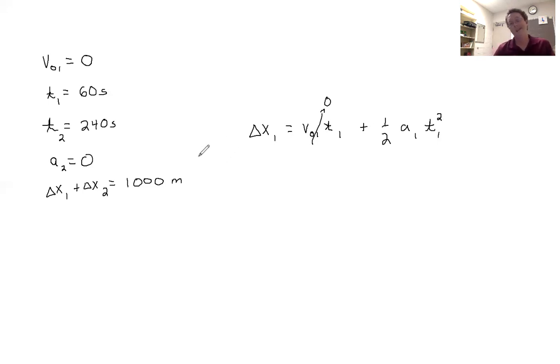So, can I solve this equation? I don't know how large a distance the first part is, so I don't know delta x1. I also don't know the acceleration for part one. So I have two unknowns here.